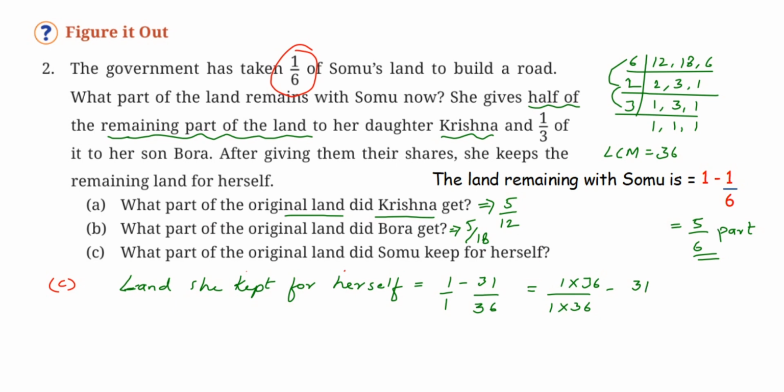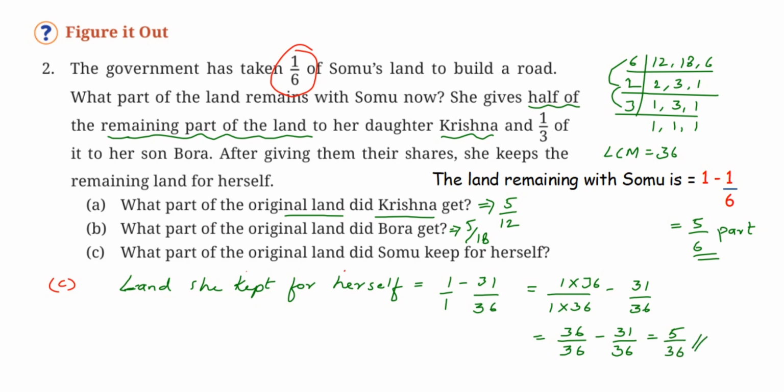We don't have to do anything there, just write the fraction. Now this is 36 by 36 minus 31 by 36. We are subtracting like fractions, so the denominator will remain the same. You have to subtract the numerators. 36 minus 31 is 5. So 5 by 36.